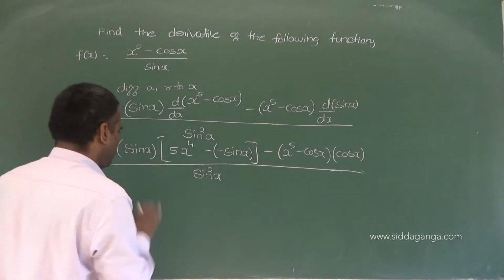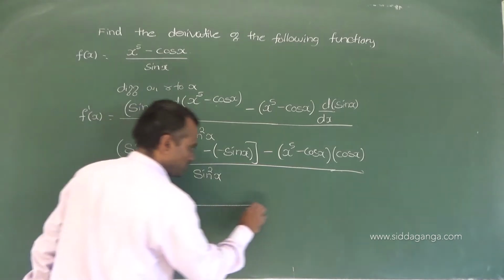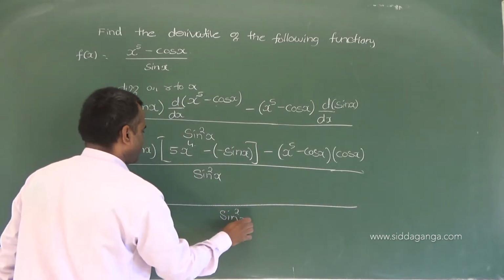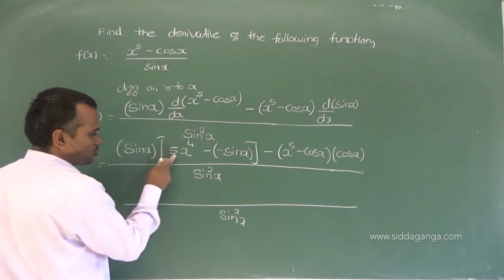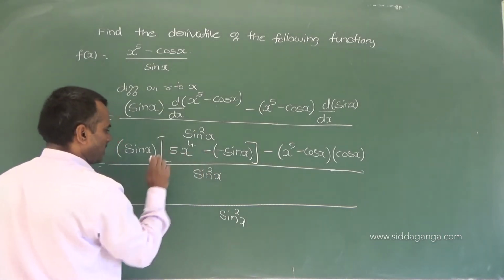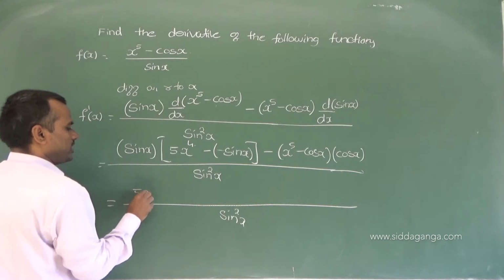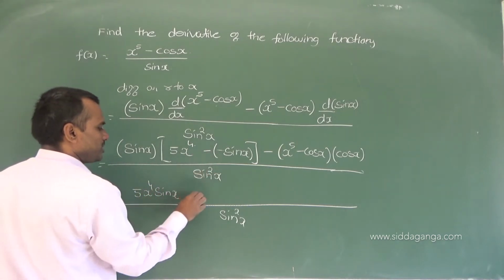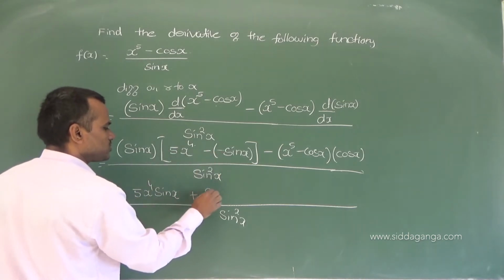If you want to continue it, because this is a 4 marks problem, that's why we continue this one. Sin square x. Multiply sin x to these two terms: minus into minus plus, sin x into 5x to the power 4, 5x to the power 4 sin x, minus into minus plus, sin x into sin x, sin square x.